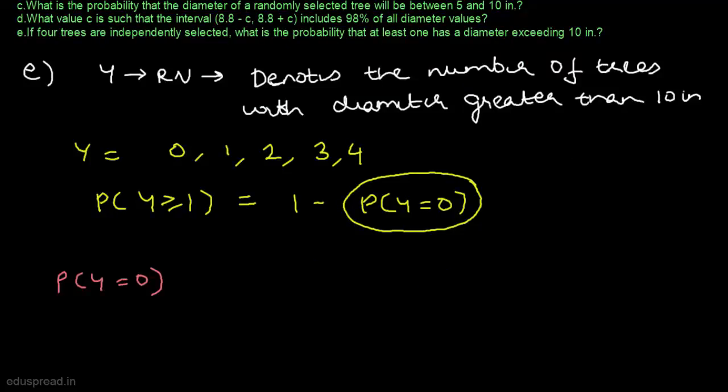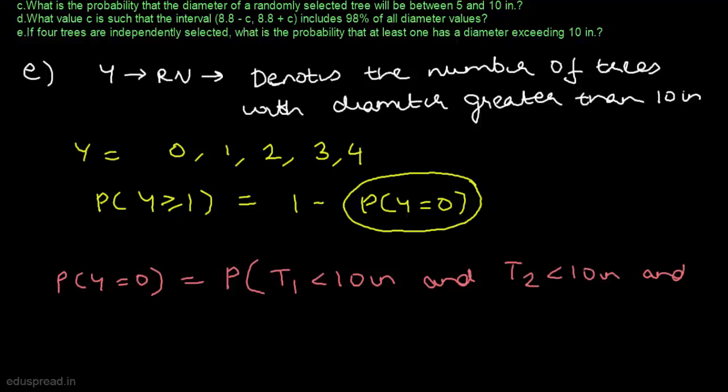Basically, y equal to 0 means that all the trees selected should have a diameter less than 10 inches. Note that all the trees are selected independently. This means that we have to find the probability that tree 1 has diameter less than 10 inches and tree 2 has diameter less than 10 inches and tree 3 has diameter less than 10 inches and tree 4 should also have diameter less than 10 inches.